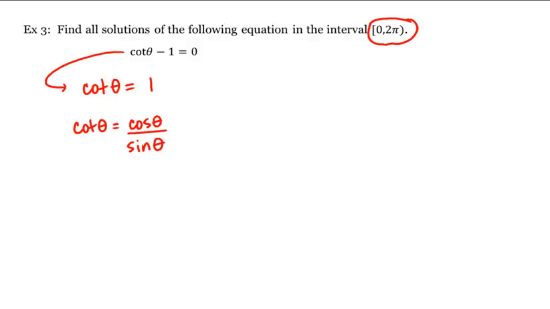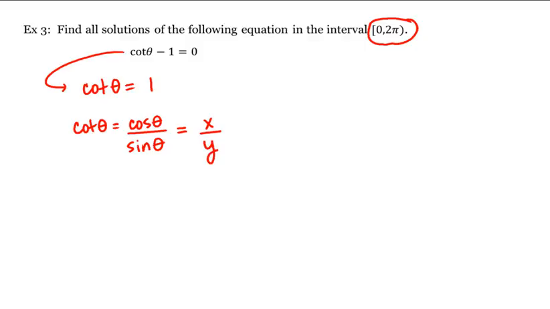But we just saw that the cosine of theta was the x-coordinate of the point of intersection of the terminal side of the angle and the unit circle, and the sine of theta was the y-coordinate. So this would be equal to x divided by y.